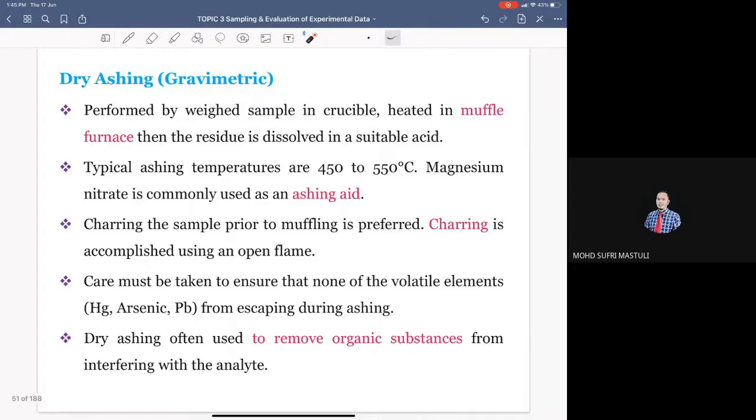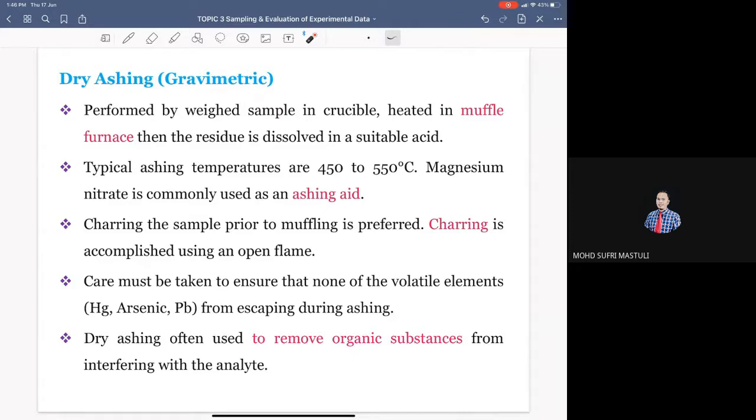Okay, so dry etching. We place the sample in a crucible and then we heat it in the muffle furnace. Then the residue is dissolved in a suitable acid. The typical etching temperature for dry etching is between 450 to 550. We use magnesium nitrate as the etching aid.